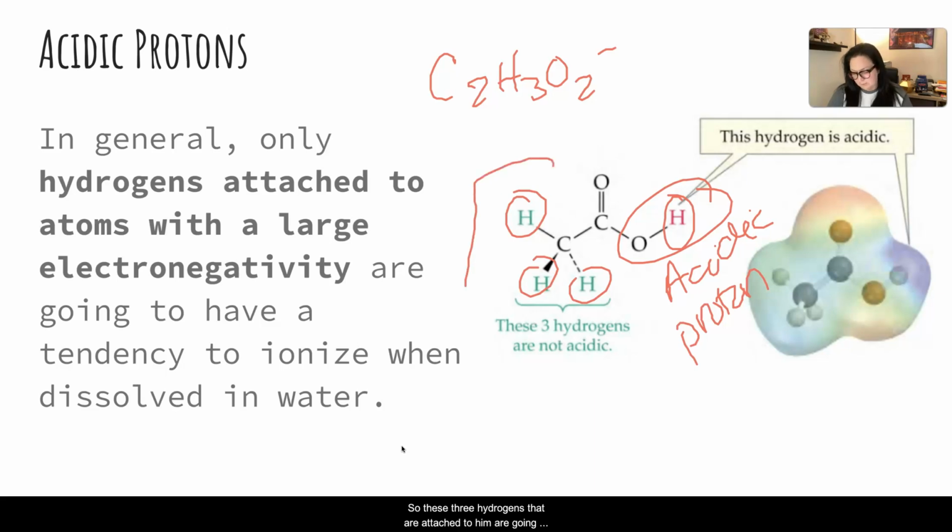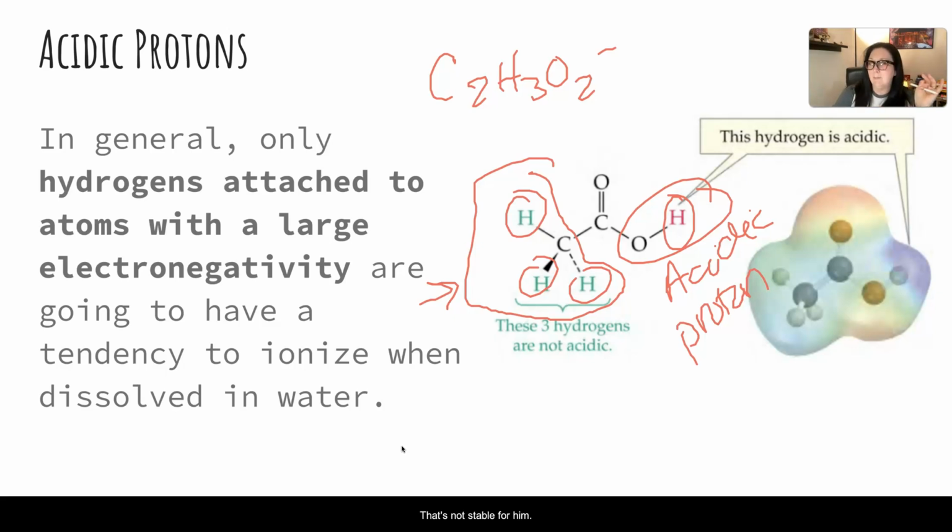So these 3 hydrogens that are attached to carbon, this molecule's not going to be willing to give up those hydrogens, because carbon's not really going to be okay with maintaining a lone pair of electrons. It wants to have 4 bonds, 8 electrons in the sense of 4 bonds, not a lone pair attached to it. That's not stable for it.